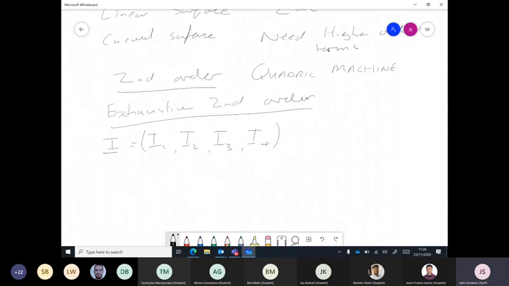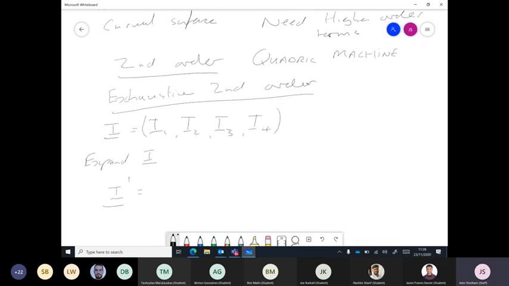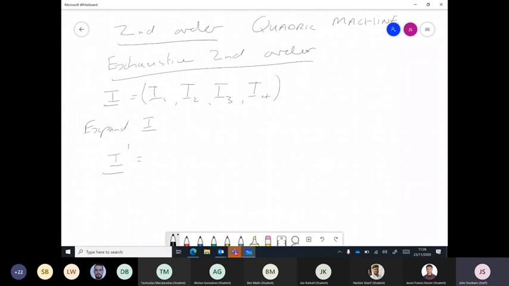Now, in the second order machine, we expand the vector to give, let's call it I prime. First of all, include all the first order terms. So we will have I1, I2, I3, and I4. That is the weighting of the individual elements. That's what we were doing up till now.